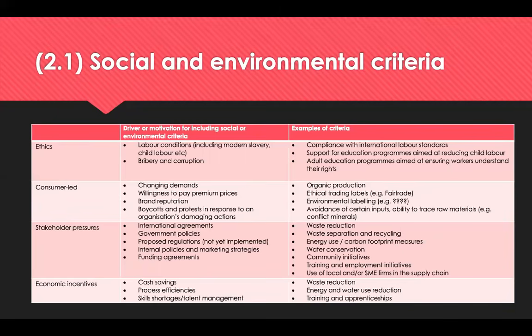Pressure comes from shareholders and stakeholders, governments, regulators, and economic incentives such as cashable savings and process efficiencies, as well as talent management and the reduction in waste, energy and water.